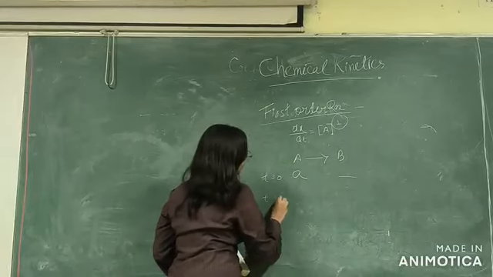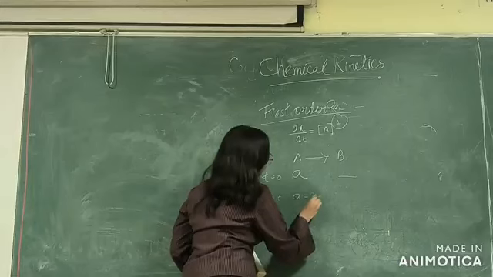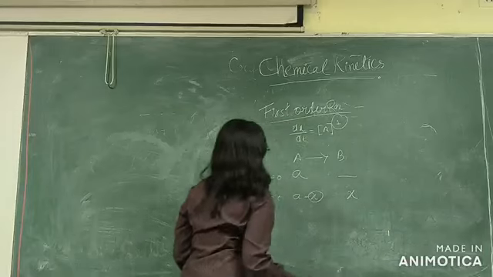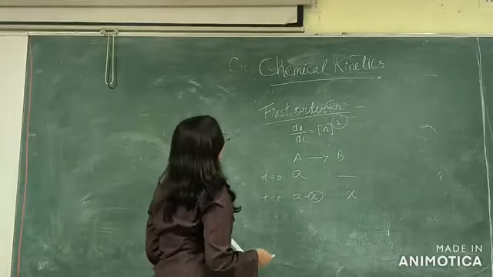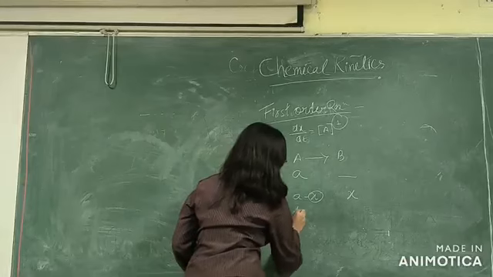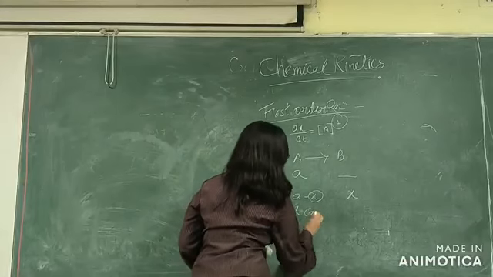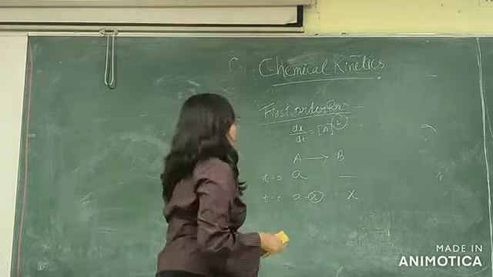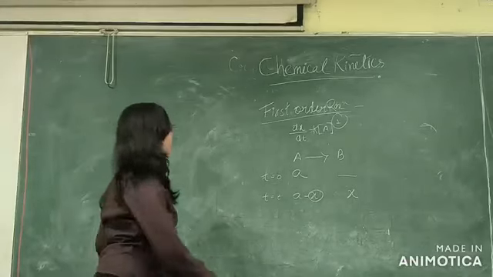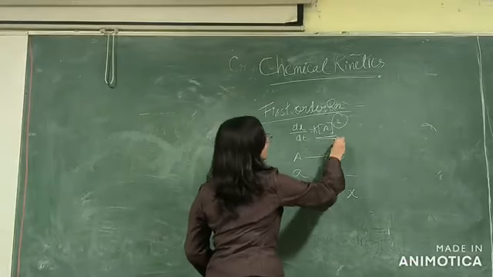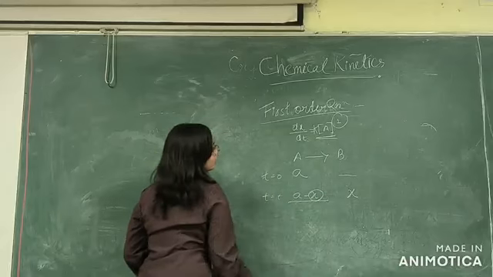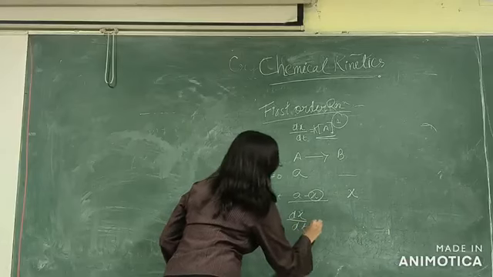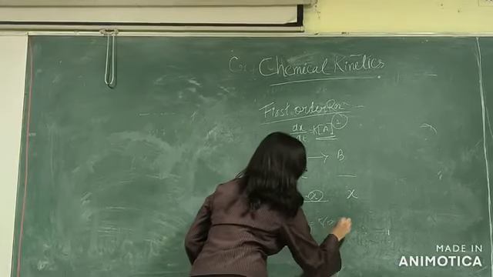At t equal to t, let us consider that some amount x is consumed. So in the rate equation we can write dx by dt equal to k times (a minus x).